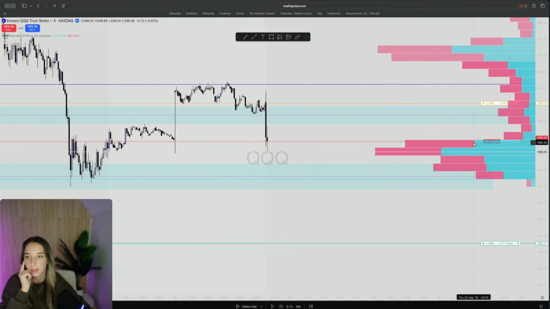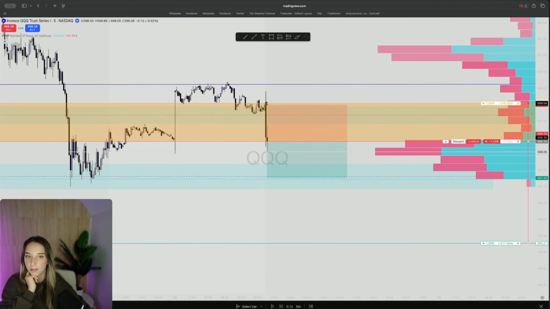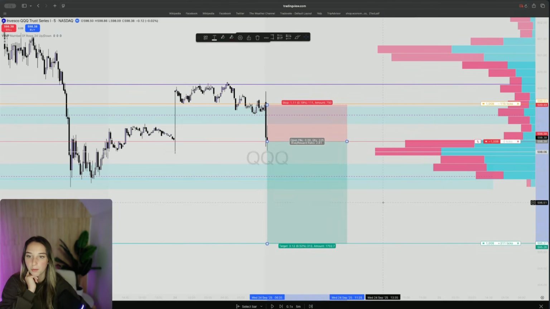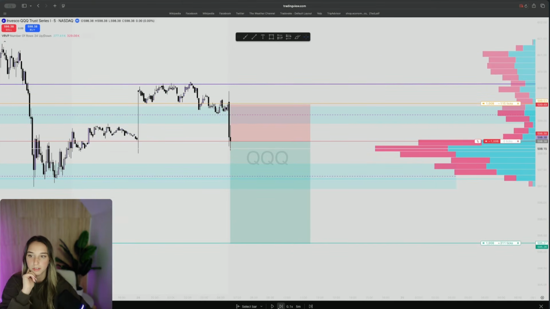So we're going to confirm that there. And what would be our risk to reward ratio? If our stop is up here and our reward is all the way down here, that gives us about a 1 to almost 3 risk to reward ratio. Now let's play this out and see how it goes.